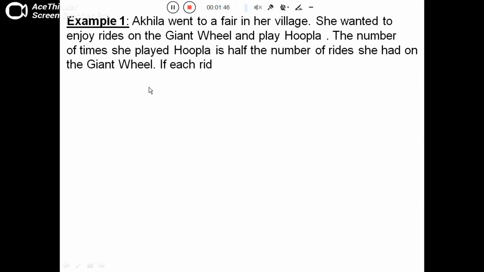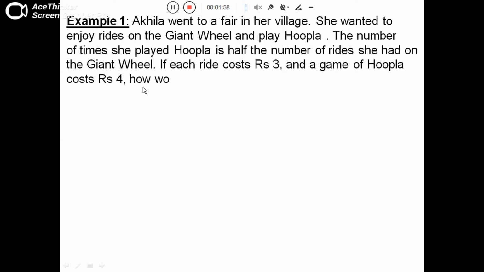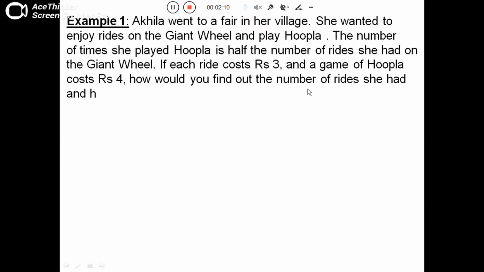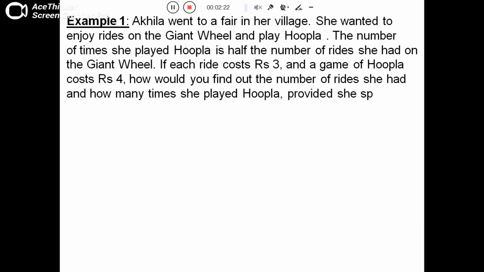If each ride costs ₹3 and a game of hoopla costs ₹4, how would you find out the number of rides she had and how many times she played hoopla? She spends ₹20 in total.